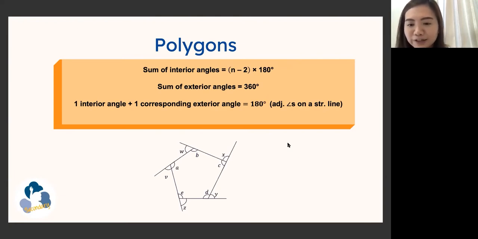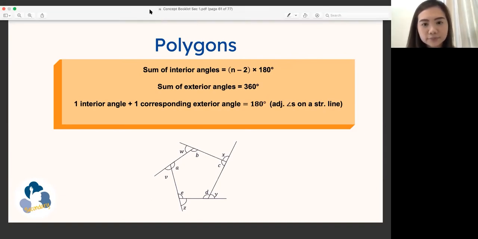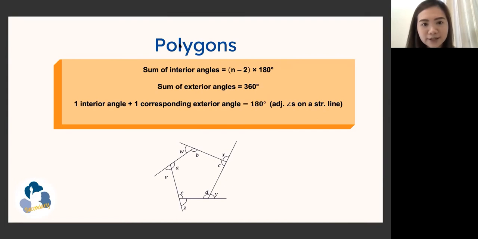Okay, I'm going to call upon people already. Desiree, why is it n minus 2? Charlie. Oh, I see Derek also. Charlie, why is it n minus 2? Charlie, are you there?